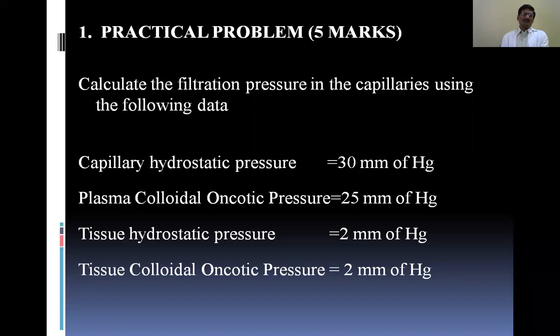In this case, the capillary hydrostatic pressure as well as the tissue colloidal osmotic pressure both favor filtration. On the other hand, the plasma colloidal osmotic pressure and tissue hydrostatic pressure oppose the filtration.